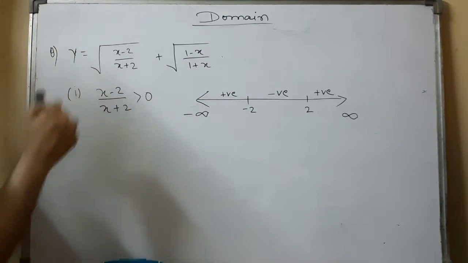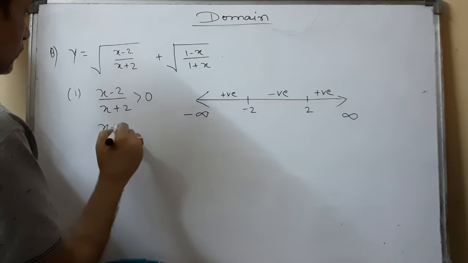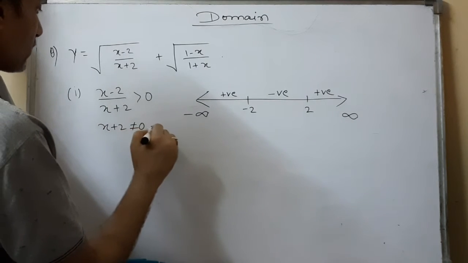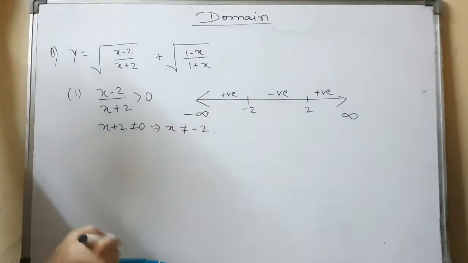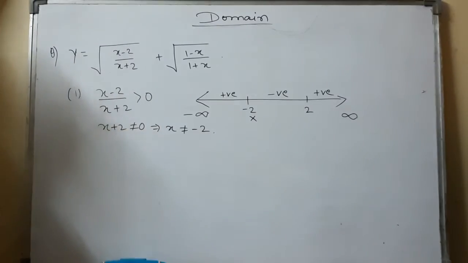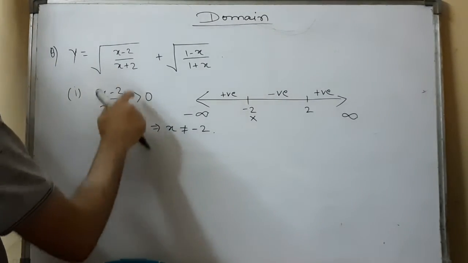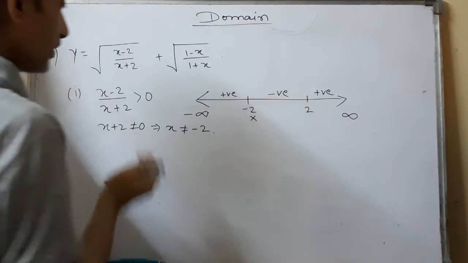We need only positive value, but here is one exception. This thing, x plus 2 should not be equal to 0, and this implies x should not be equal to -2. x को -2 हम नहीं ले सकते, or this whole thing should be positive, which is here and here.